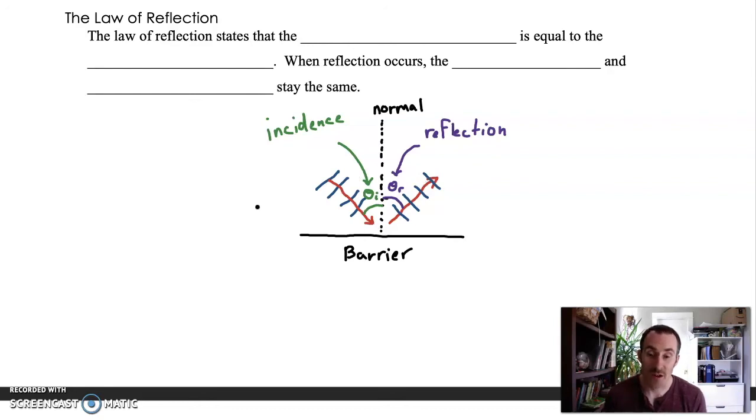If it came in at a really steep angle, something like this, it would bounce off at that same angle. It's not going to come in at a steep angle and then all of a sudden bounce straight this way. That doesn't make much sense, right? And that wouldn't match our experience either, or what we would expect. So it states the angle of incidence is equal to the angle of reflection.